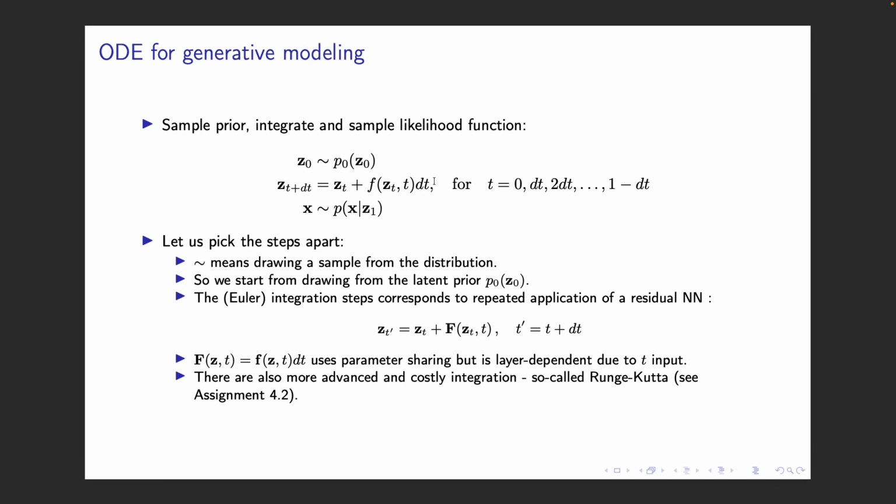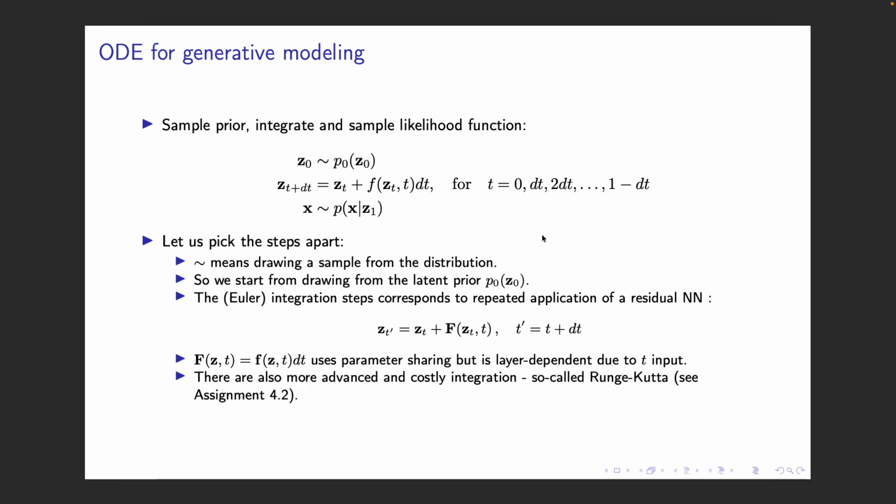Every time you do some kind of discretization, so you use a finite dt instead of a very small dt going to 0, you make an error. In the Runge-Kutta methods, you make sure that these errors are smaller, and mathematically you can prove that they are smaller. You can write the error in terms of dt, and show that Euler integration has an error of order dt, whereas the simplest Runge-Kutta method scales with dt squared.